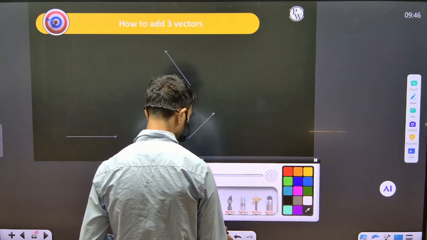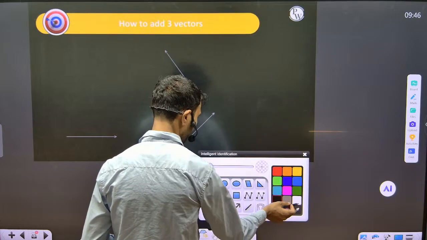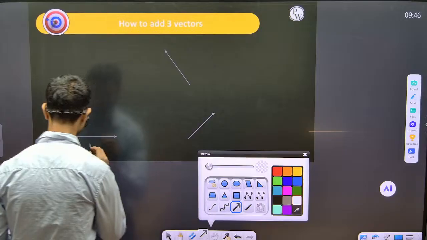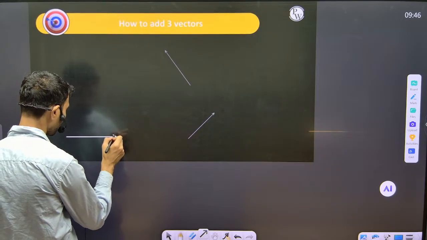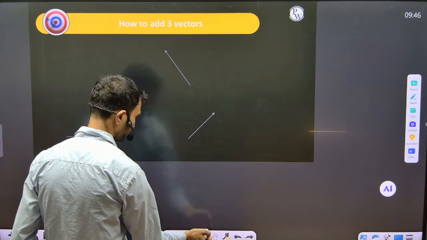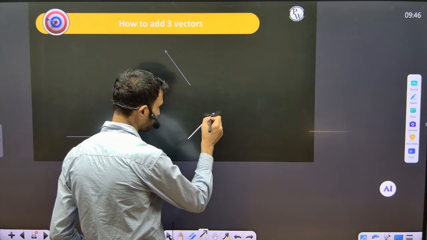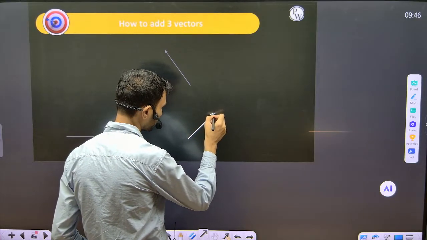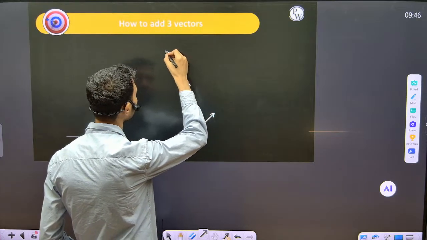So let us say you have this vector, this one vector, and this another vector, and this is the last vector.